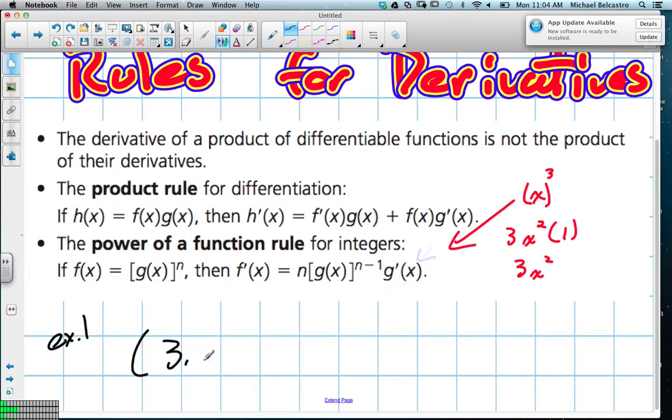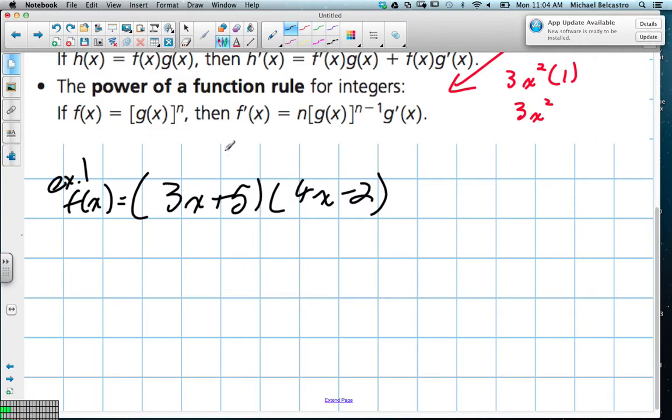So, 3x plus 5, 4x minus 2. Okay? So we're going to derive this function here using our product rule. So the derivative, or f prime x, is equal to, imagine this being, and I know they use different letters up there, h at x, and this is our g at x.